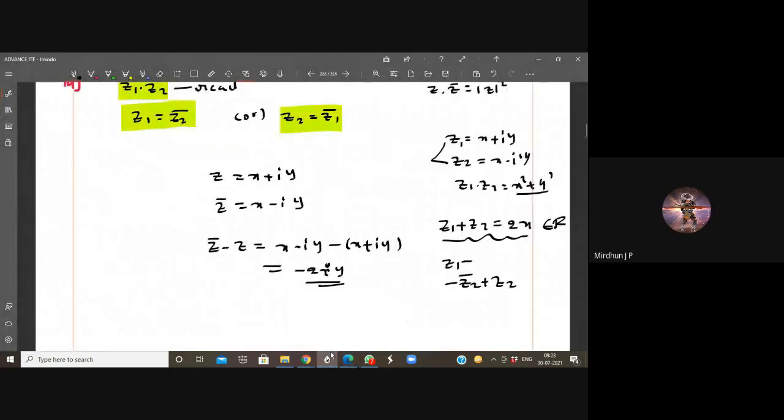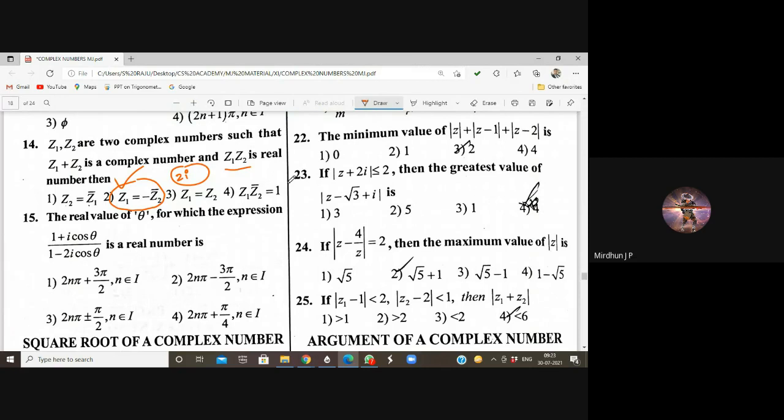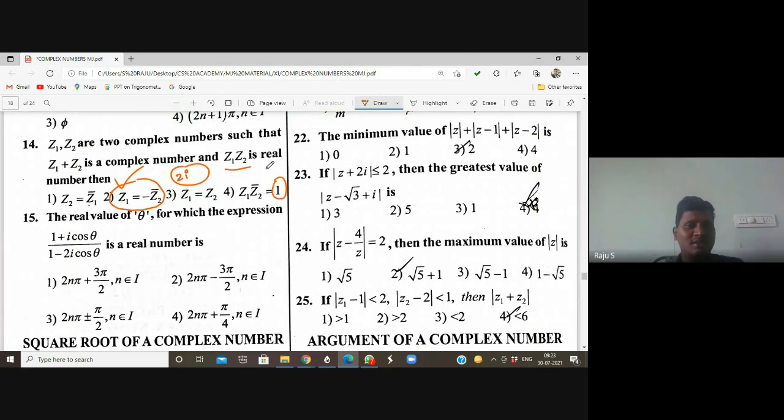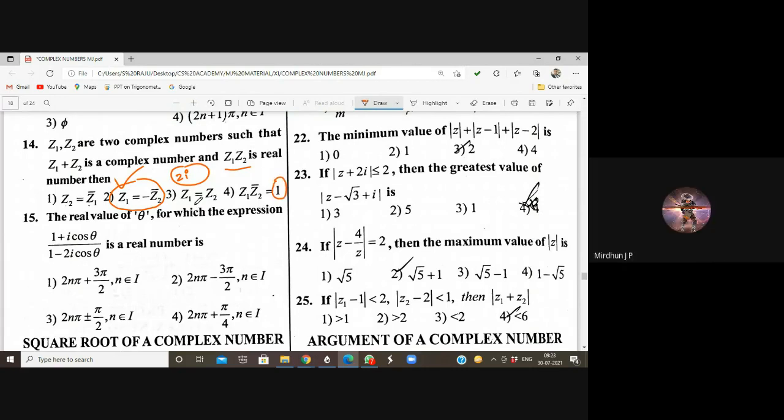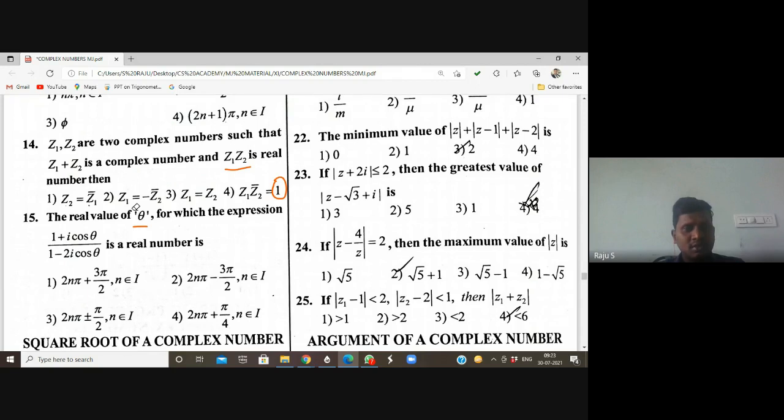Z1 into Z2 they have given as a real number, but Z1 plus Z2 conjugate becomes complex, negative 2 iota. So the second option we are getting is purely imaginary, so you can consider the second option as the correct option. Any doubts, students?